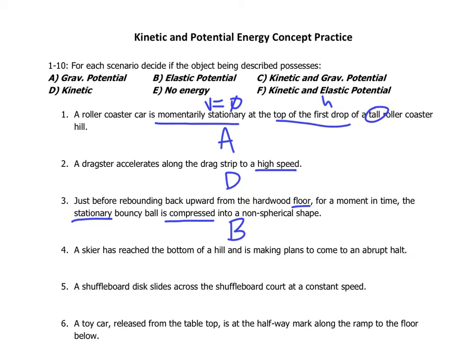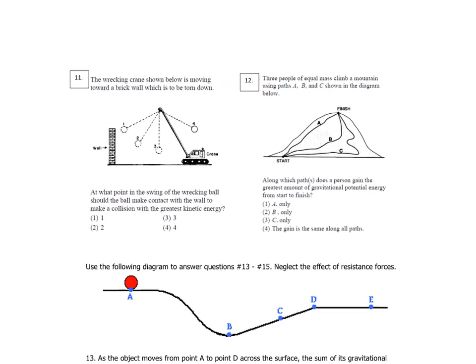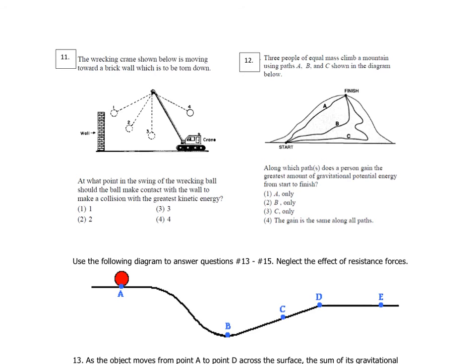I'm going to move on to the right side of this page. I've got a few examples here. One, you've got a wrecking ball that's swinging, and it's showing you position 1, position 2, position 3, and position 4. At what point of the wrecking ball should the ball make contact with the wall to have the greatest kinetic energy? Remember, kinetic energy is dependent on velocity.